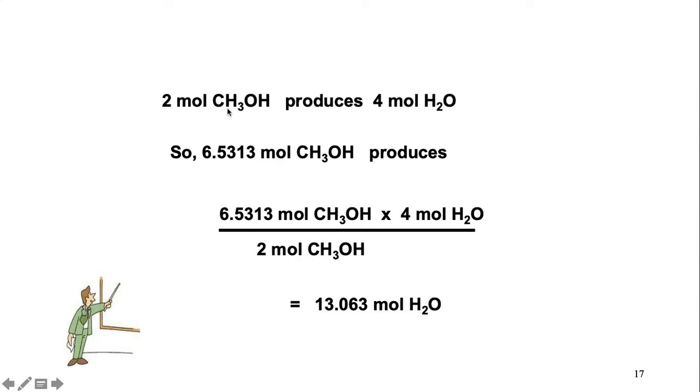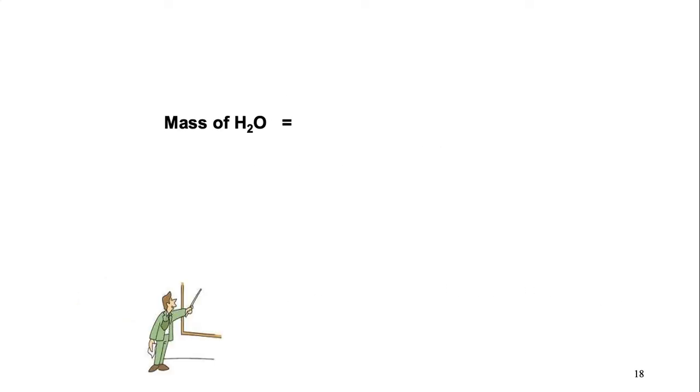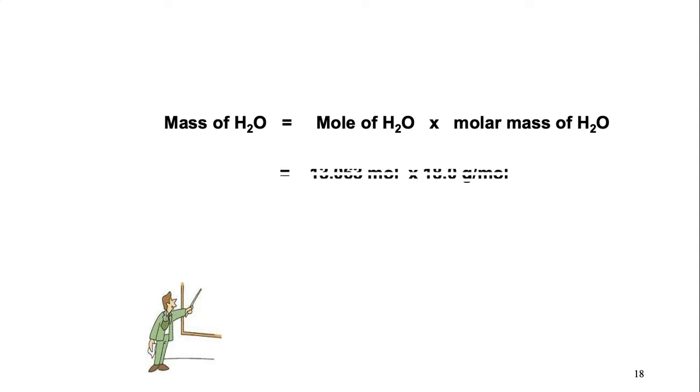So you just compare 2 mole methanol produces 4 mole water, 6.5313 mole produces this amount of water. So the question asks the mass of water. You already have the number of mole of water, so you just multiply the number of mole of water with the molar mass of water, and you'll get the mass of water.